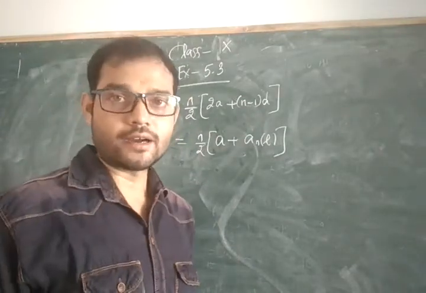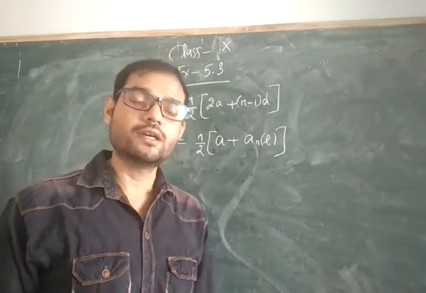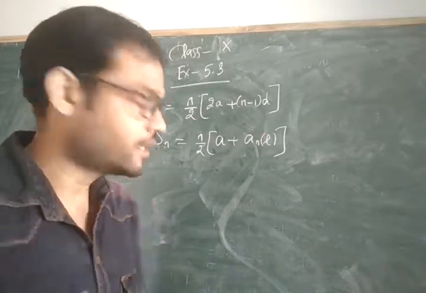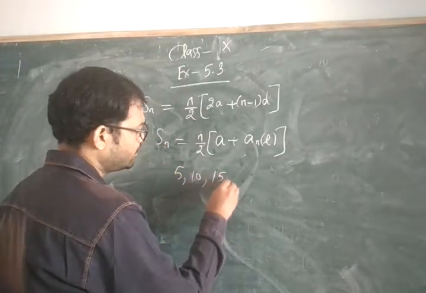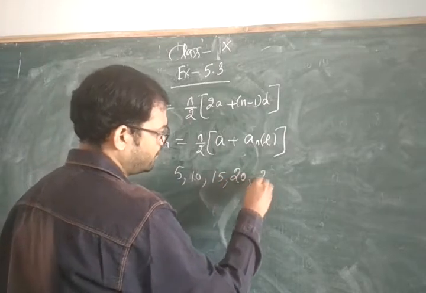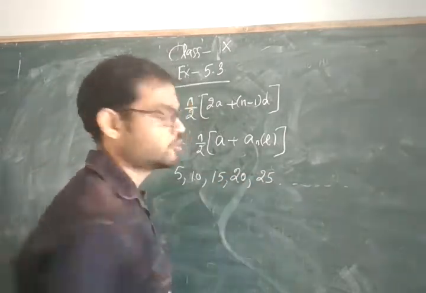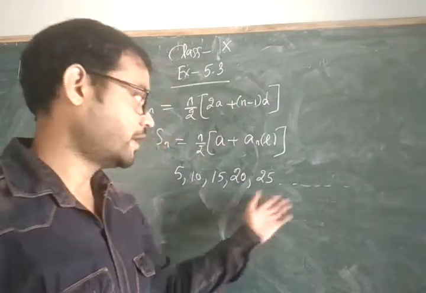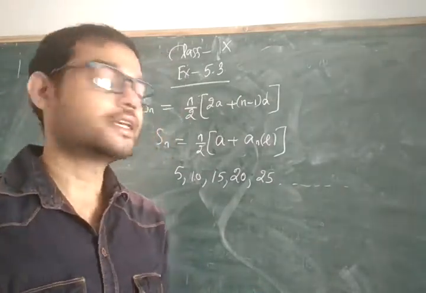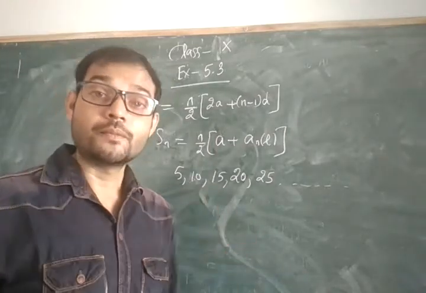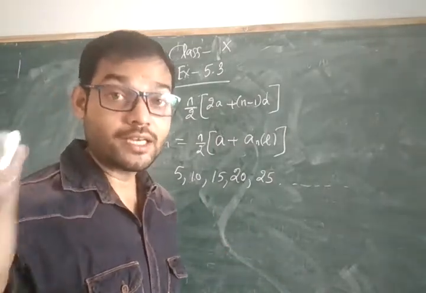So let's start. Now if I have a question where I have an AP, and that is 5, 10, 15, 20, 25 and so on, and my question is to find the sum of this AP up to 20 terms.